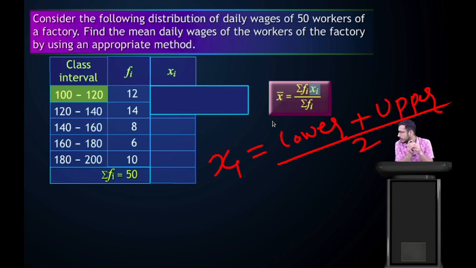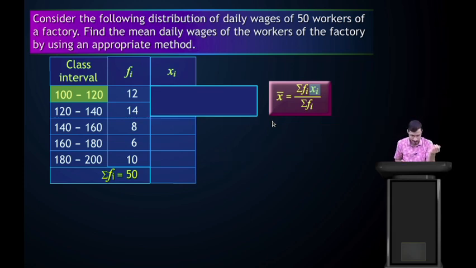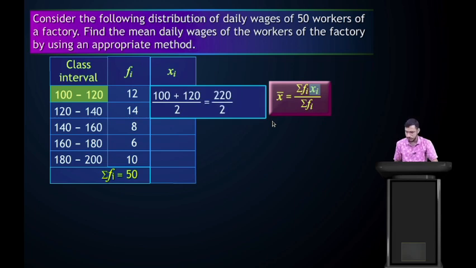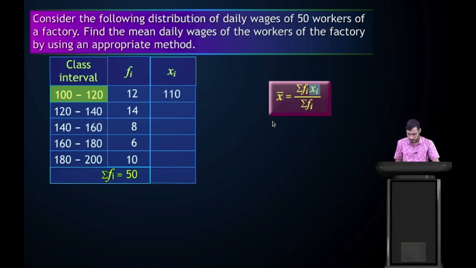So 100 and 120 by 2, that is 110. In the next column, 120 to 140, so here 130. You can see the difference is 20 here. So you can write 110, 130, 150, 170 and 190.